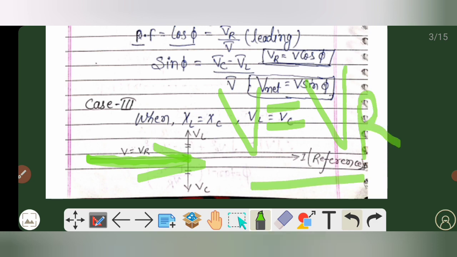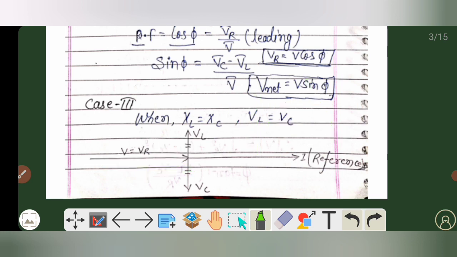That is, the circuit is resistive in nature, or we can say that the equivalent voltage when VL is equal to VC is in phase with the current. So in this case our circuit is resistive in nature.